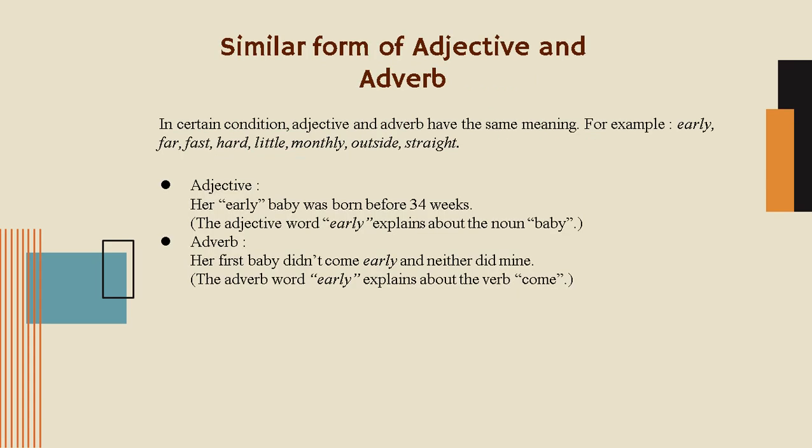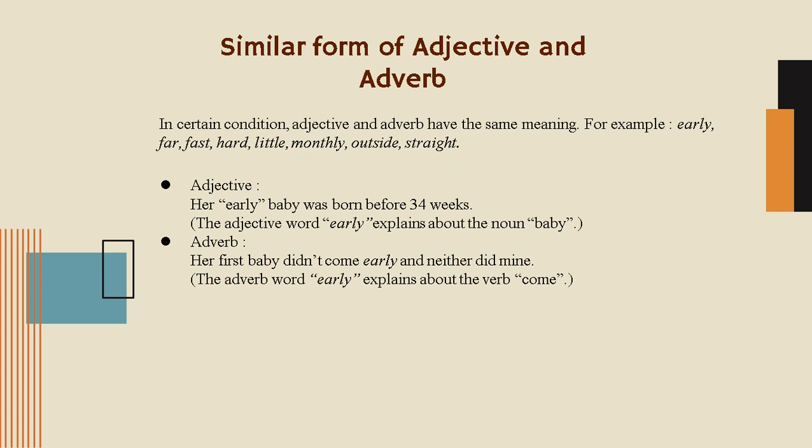Adjective and adverb can have a similar word form. For example, early, far, fast, hard, little, monthly, outside, and strike. For example, the adjective form. Her early baby was born before 34 weeks.